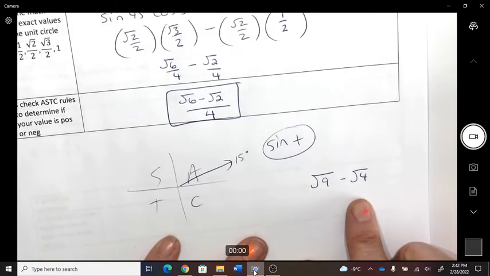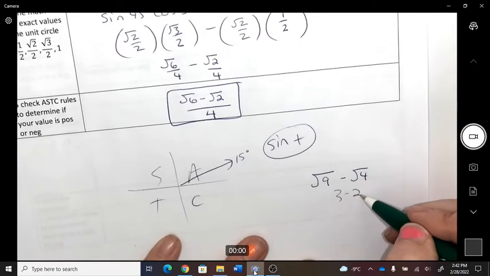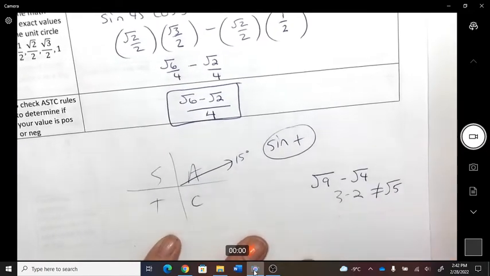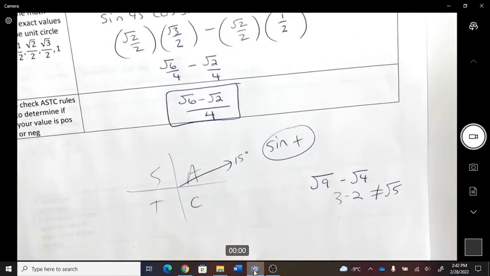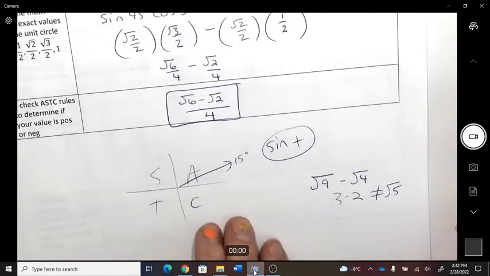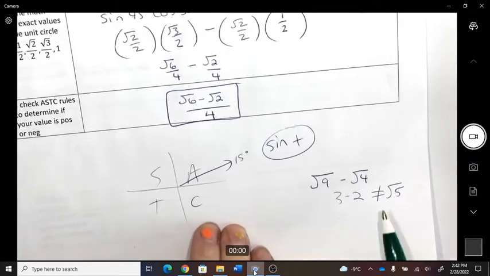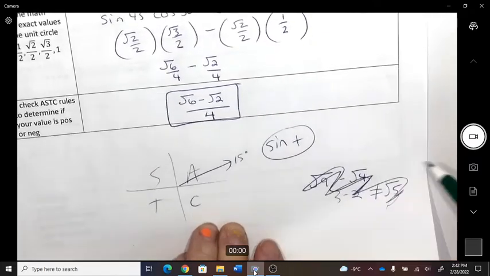That's not mathematically a root 5, right? 3 subtract 2 is not a value that's the same as a root 5. Does that make sense? You can't put roots together if they're not the same root. Does that make sense right there? A little bit. Okay, let's try to learn.